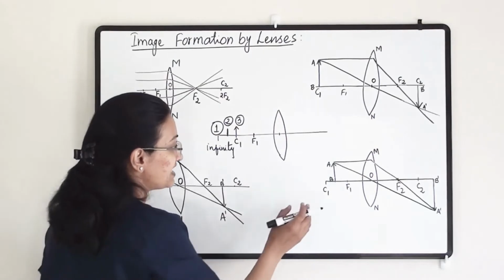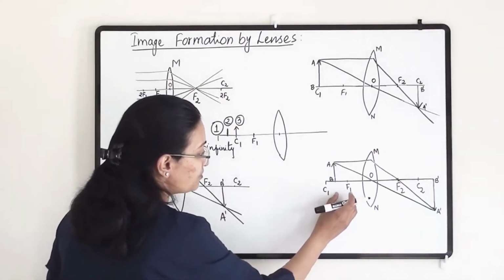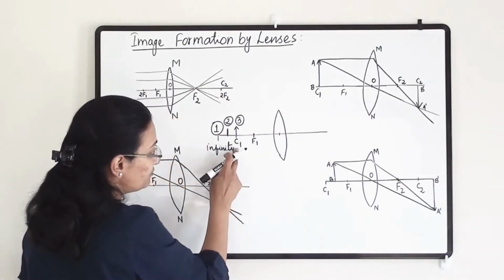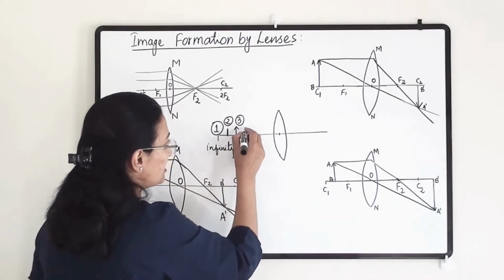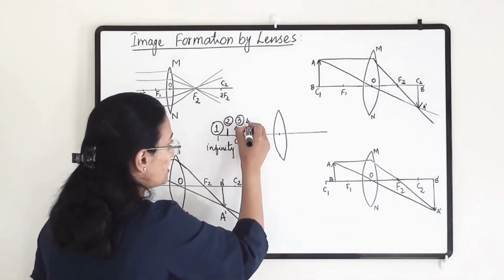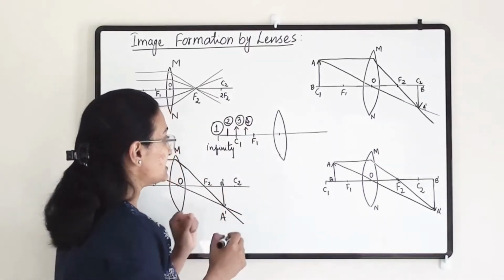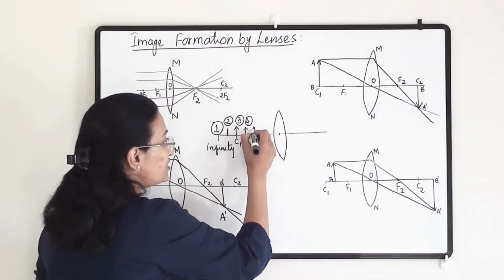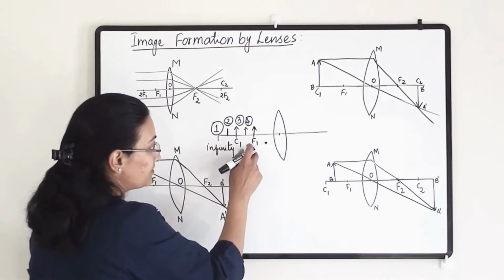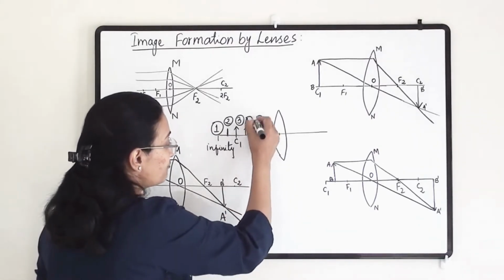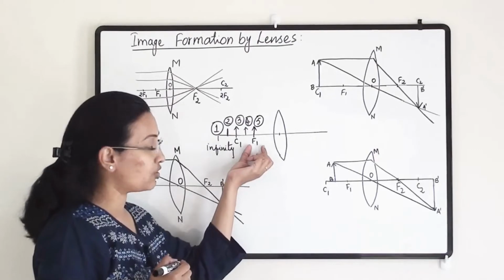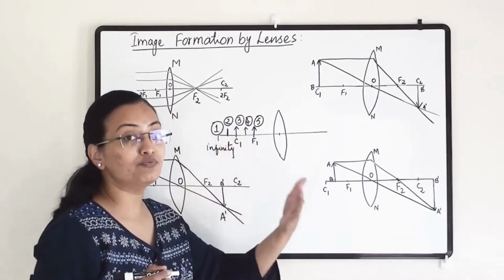Then in the next case we keep the object in between the center of curvature and the focus point. That is going to be our fourth case. Now the fifth case is when we keep the object at the focus point, and we will see where we get the image.